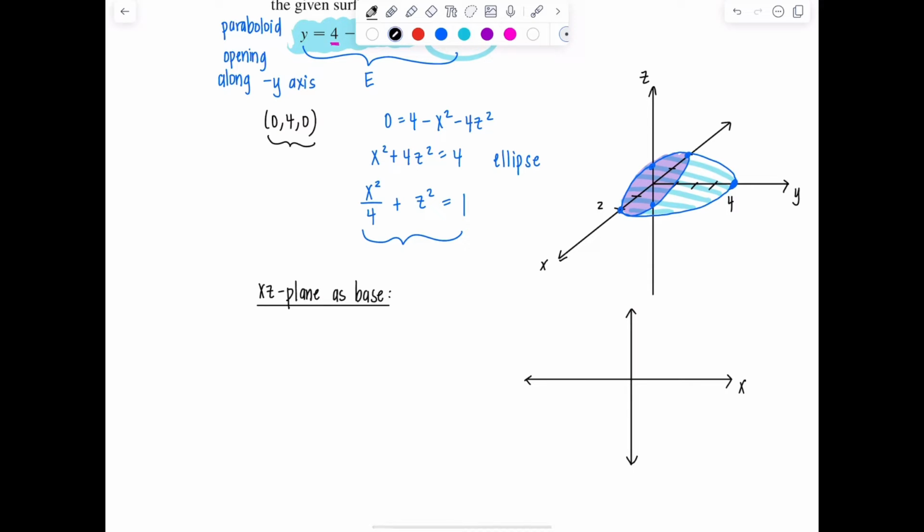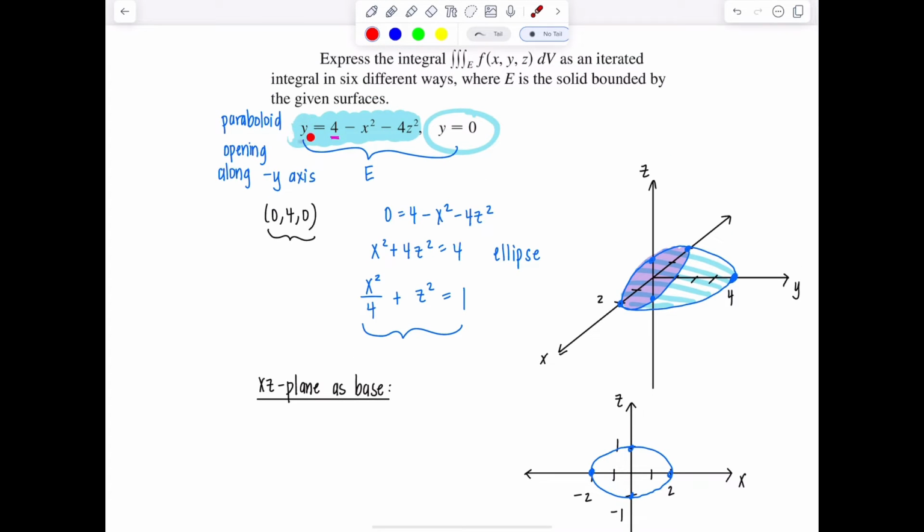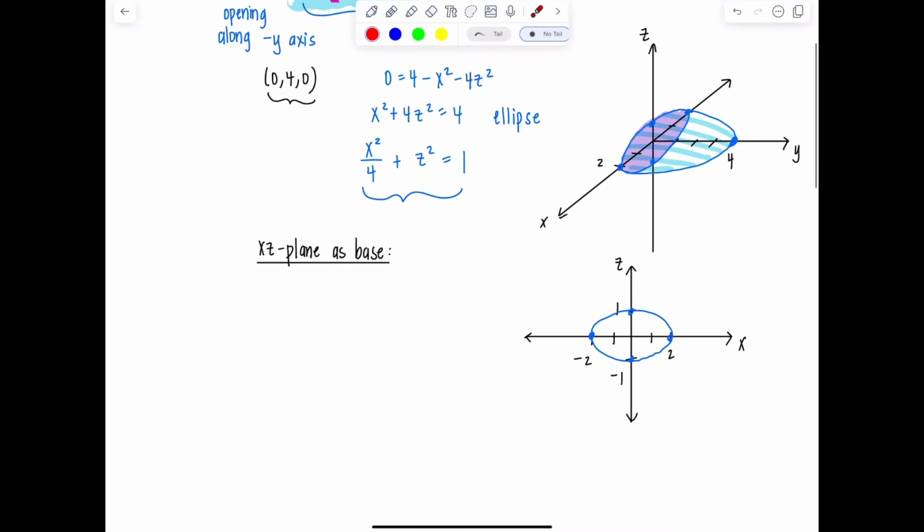Here let's do x and z, and we already kind of know what it's looking like: 2, negative 2, 1, negative 1, and we've got this cute little ellipse. The equation of the ellipse, I obtained by setting y equal to 0, because we were using the intersection of the paraboloid with y equals 0. So the equation for the ellipse is x squared plus 4z squared equals 4.